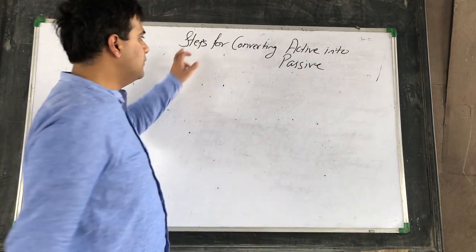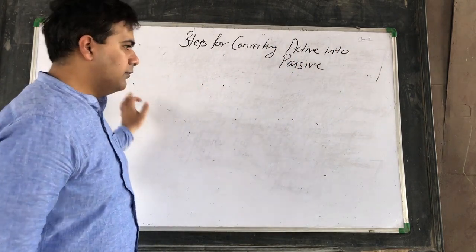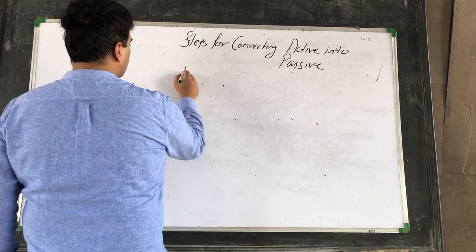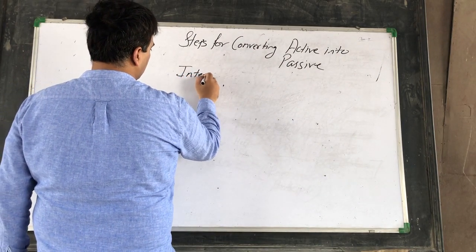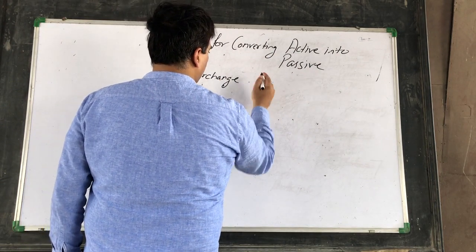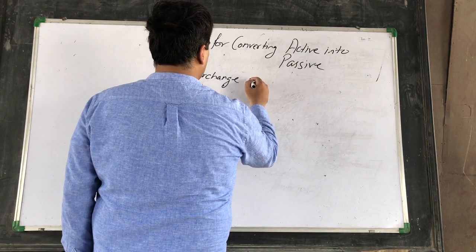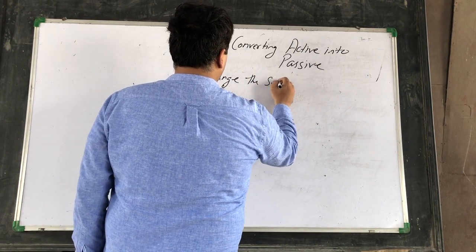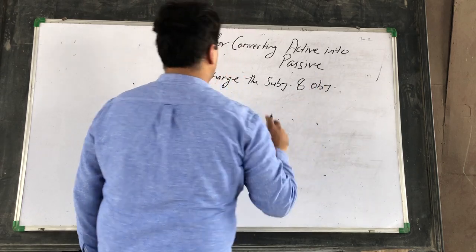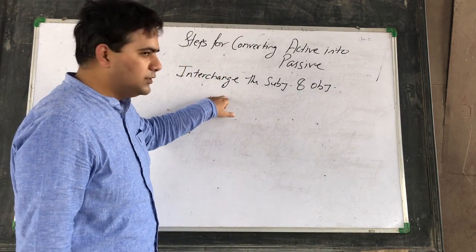Fine. Steps for converting active into passive voice. First thing, what we will do, we will interchange the position of subject and object. The first step that we have to do, interchange the subject and object.